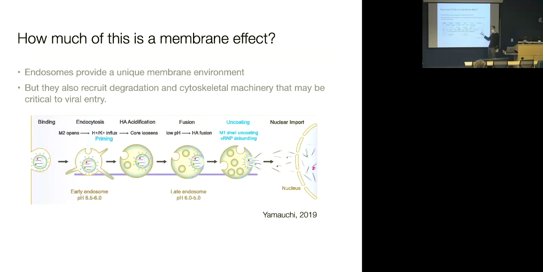Some viruses replicate in the nucleus, some replicate in the cytoplasm. But all this is important to viral infection. So is it really the membrane, or is it all this other stuff? And it's really just a cell trafficking effect.